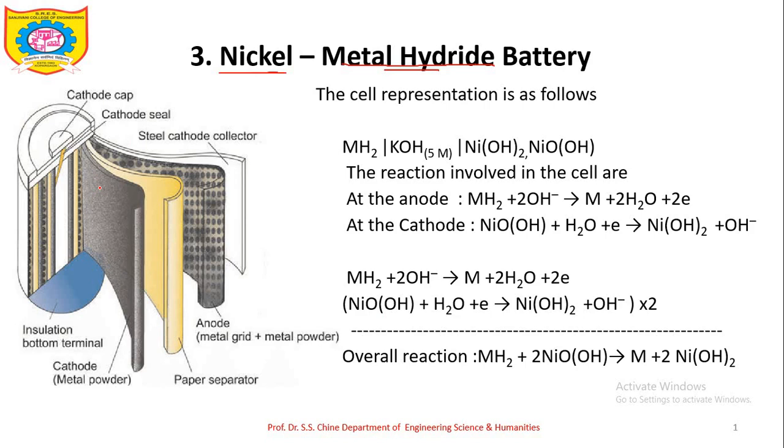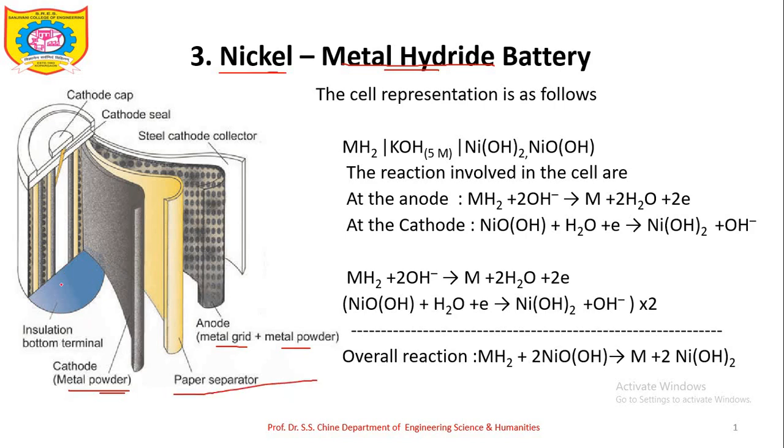You can see here again the cross-sectional view of this nickel metal hydride battery. So again it is a cylindrical one. You can see here the anode is made up of metal grid plus metal powder. So it is a metal hydride used as the anode along with the metal powder. Then cathode is nickel oxyhydroxide, and these two are separated by the paper separator.